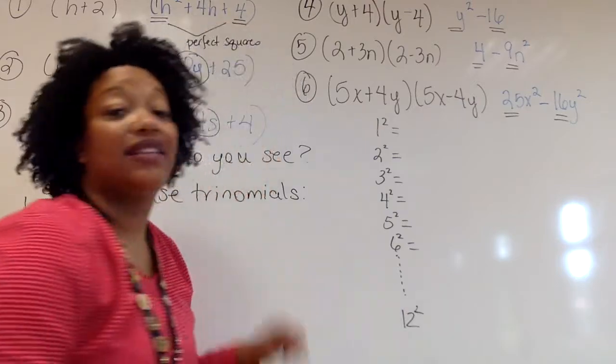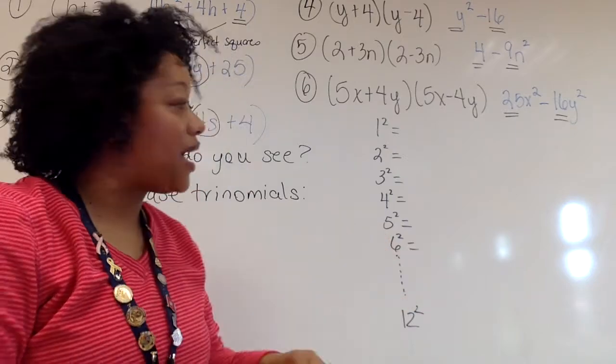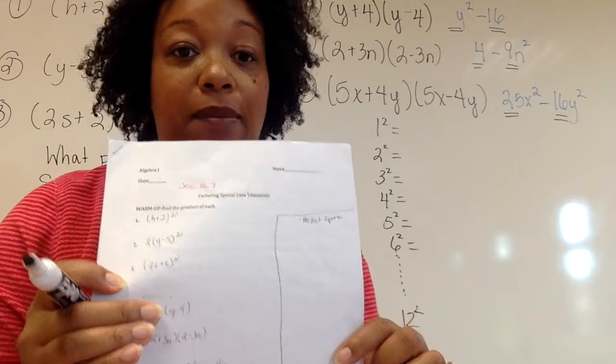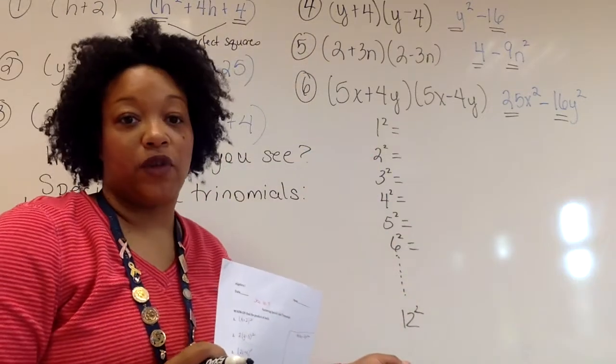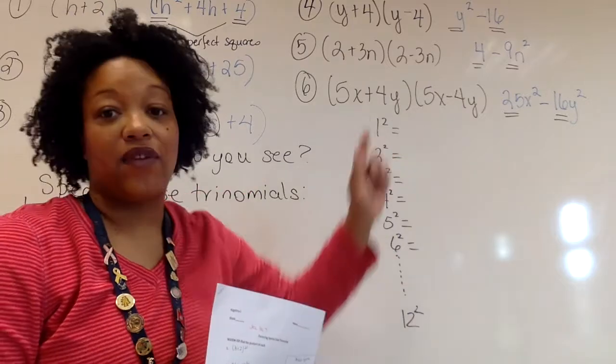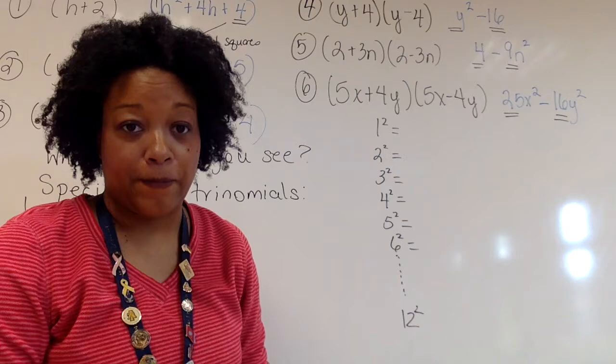Write it down. Matter of fact, everybody needs to do that. Everybody, I need to see this here on the side of your paper. Take a moment and write out the first 12 perfect squares. And then you'll be able to recognize these numbers that I've underlined here. So do that before you start the next video.